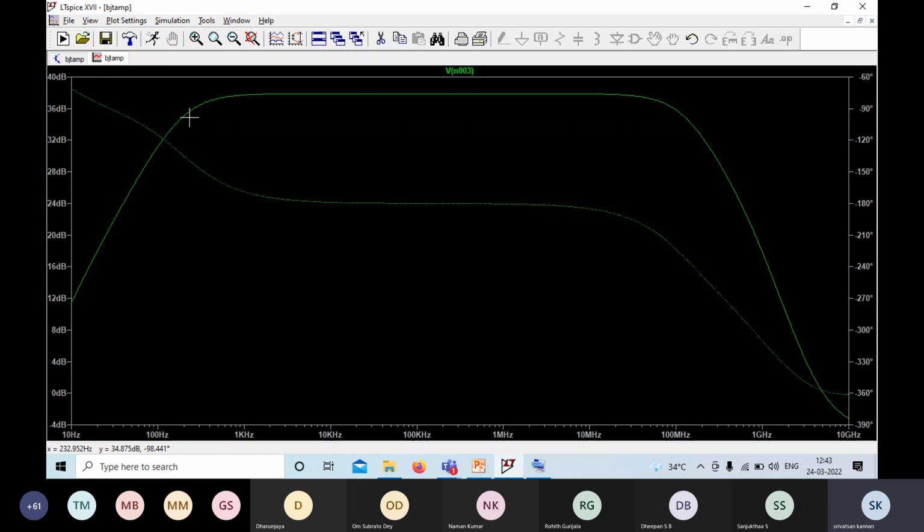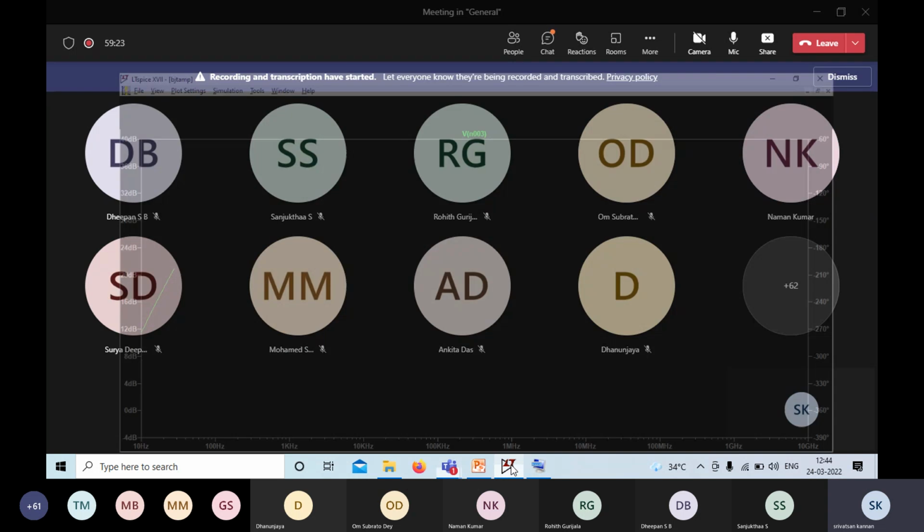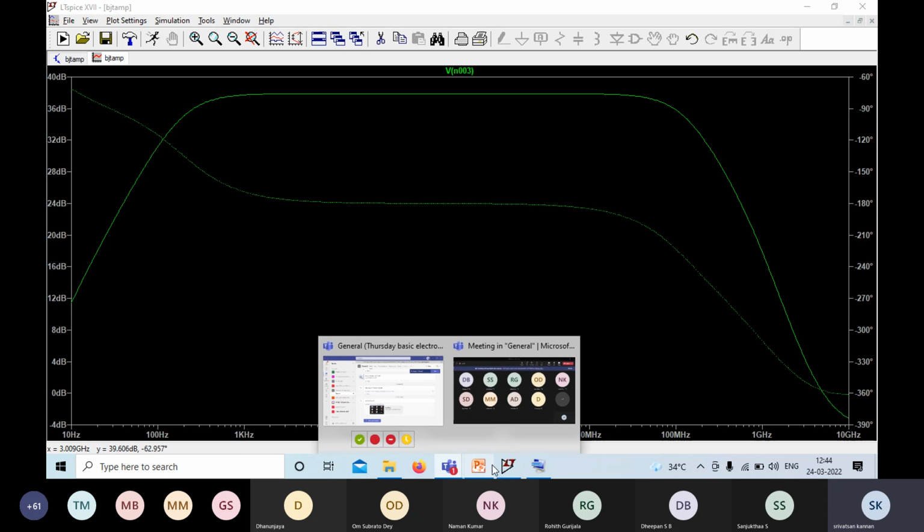So this is the bandwidth of the amplifier. The gain drops in the low frequency as well as the high frequency range, and this is for the case if we don't use the capacitor. So what will happen?